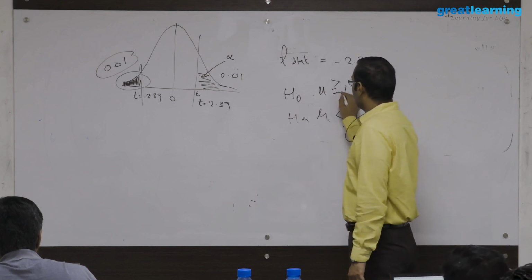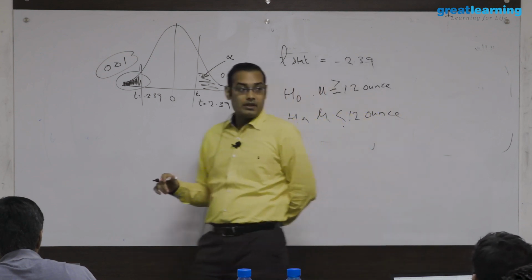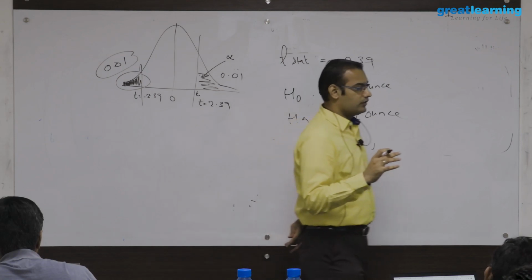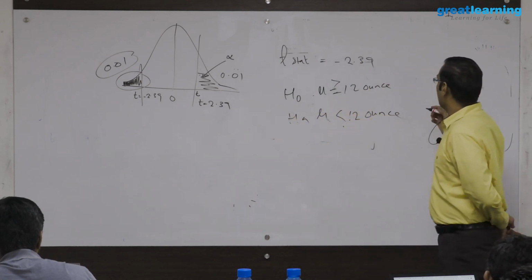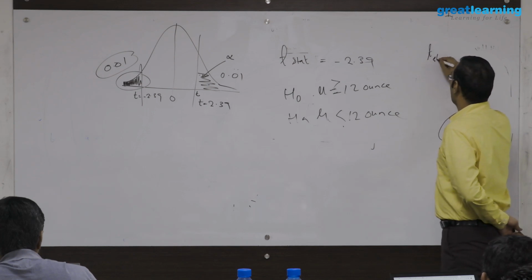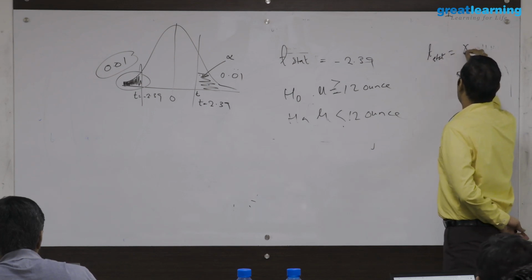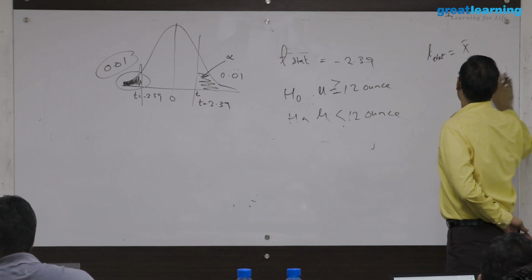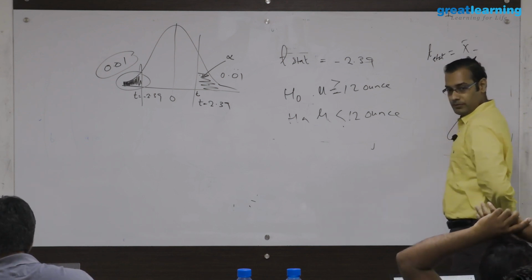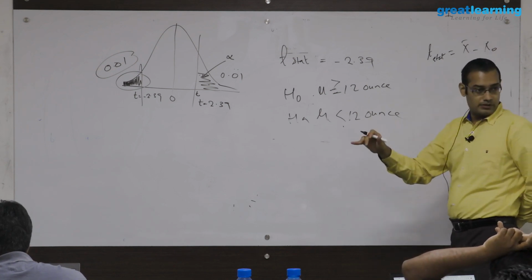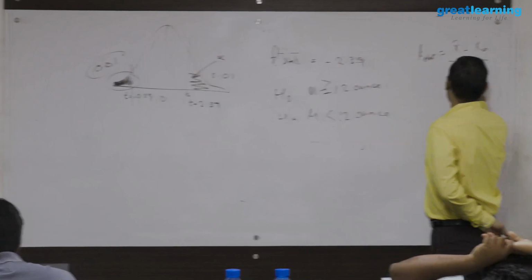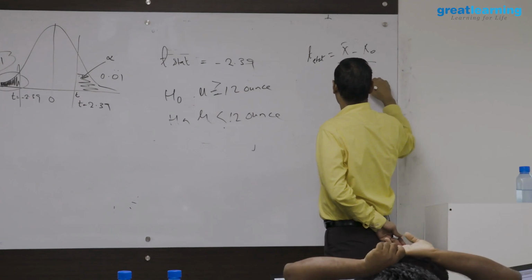Now, why when we write a null hypothesis, why do we write it equal to only? Let us see what the formula is. The T-stat formula was x bar minus mu naught, where x bar is the sample mean and mu naught is the reference point, divided by sample standard deviation divided by root n.